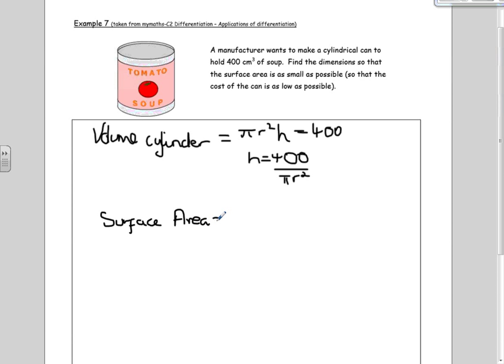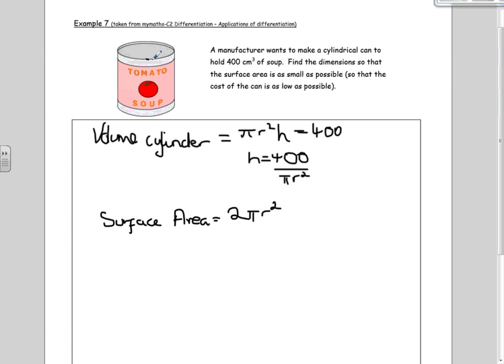can be found by finding the area of the top circle and the area of the bottom circle. So that would be 2 lots of pi r squared. And then we need to find the surface area of the rectangular piece that wraps around the can.